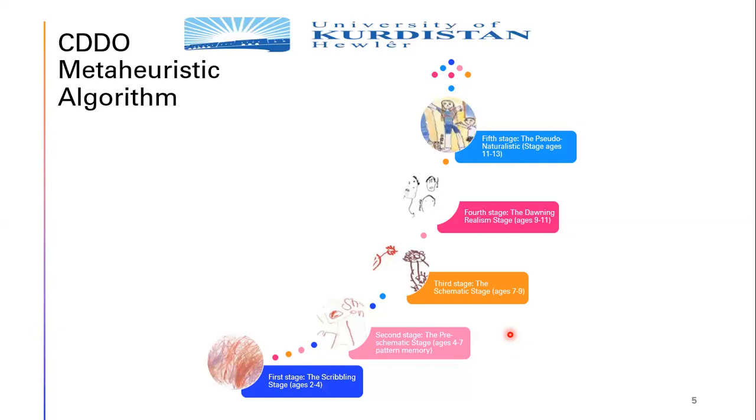Through this stage, the child's drawings are more standard and copied versions of other drawings, taken from his surrounding environment. It is the ability of the child to practice and to take feedback from his previous moves.